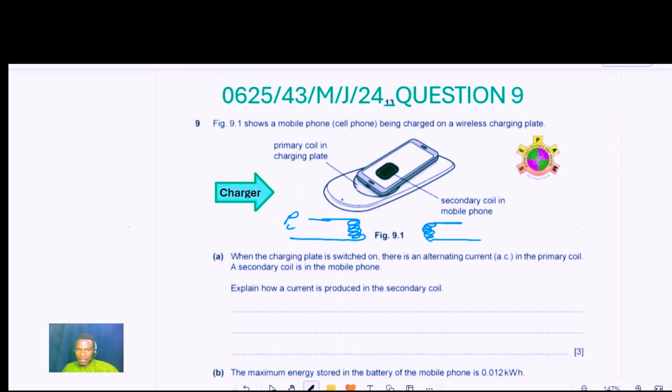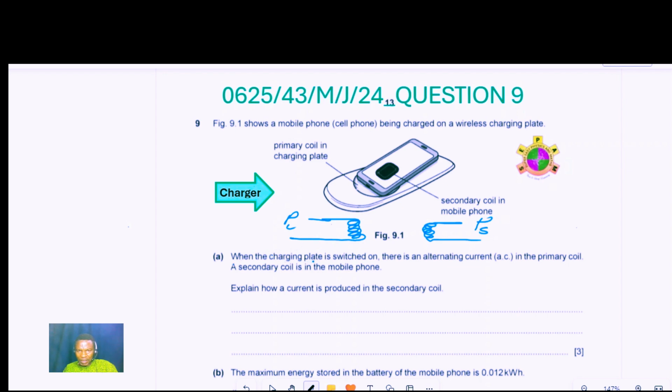This is the primary, and this is the secondary coil, the part that comes from the phone. Very good.